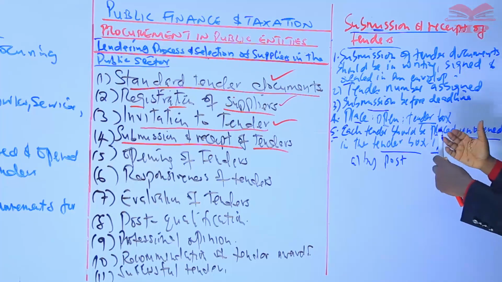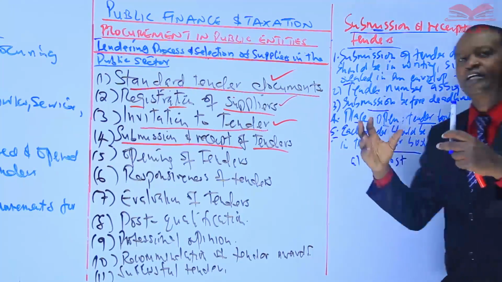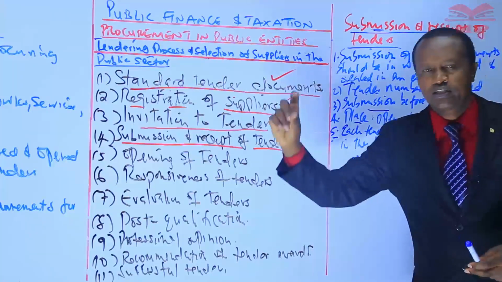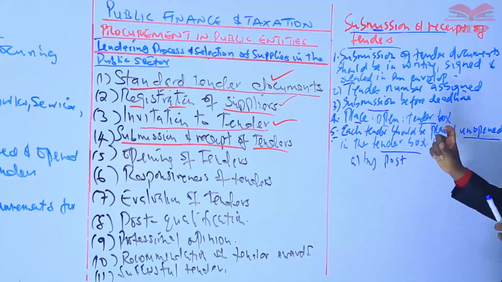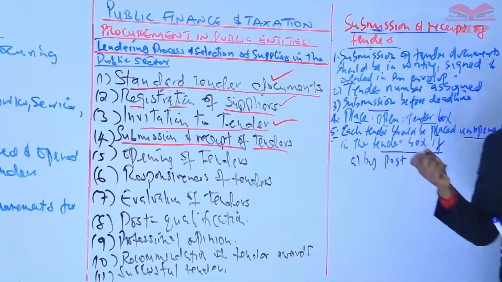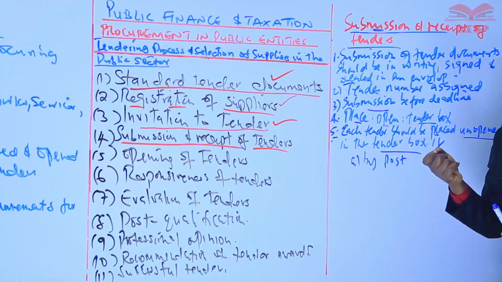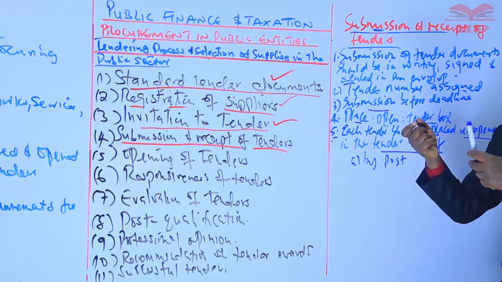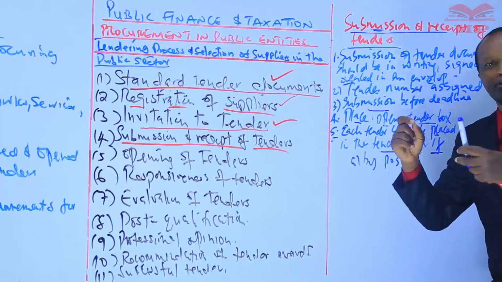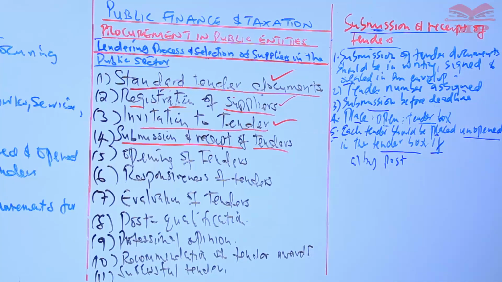That means that the tenderer is not delivering himself or herself to the procuring entity, but is sending by post, which then means that the staff of the procuring entity should go to the post office and collect the mail. So, if the tender is delivered by post, then the staff of the procuring entity immediately upon delivery should place the tender unopened in the tender box.